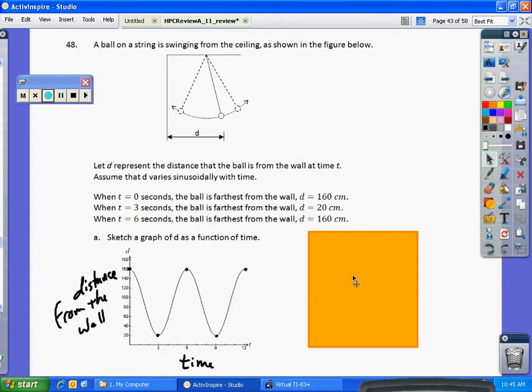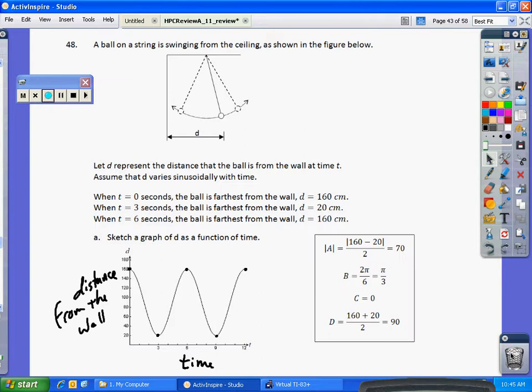After we sketch the graph, we should figure out what the amplitude is. So the amplitude is equal to the absolute value of high minus low, 160 minus 20, divided by 2, which is equal to 70. So the amplitude is 70.